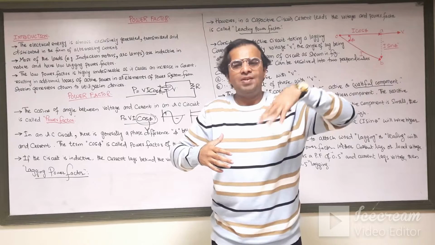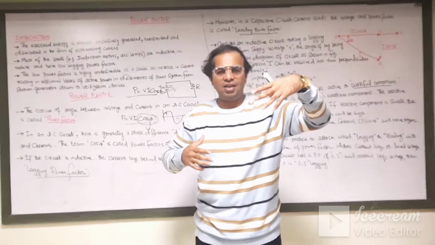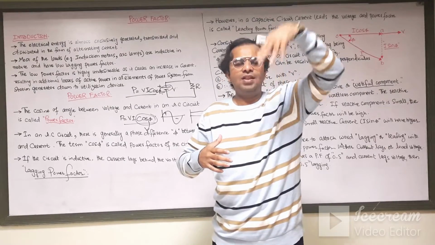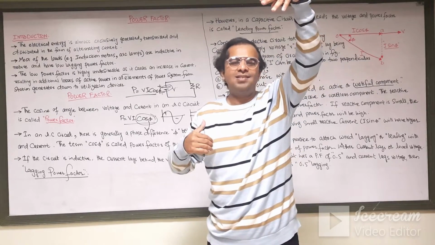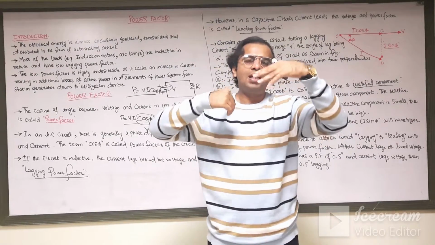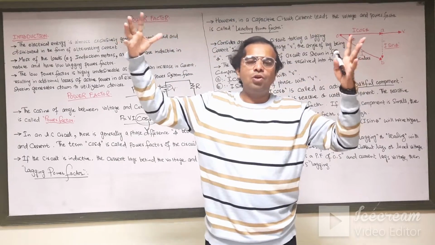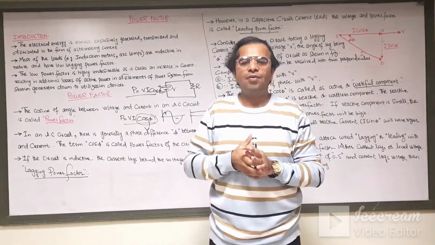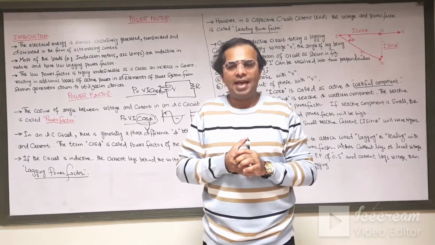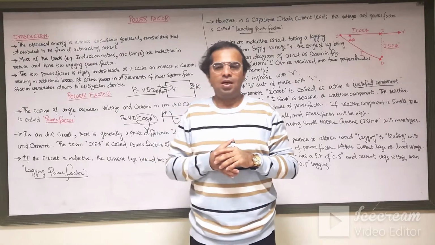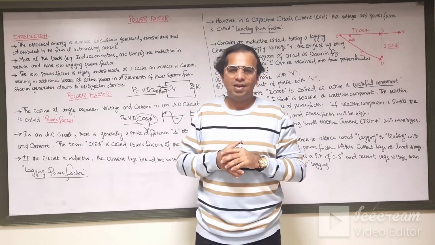The capacitor banks or other power factor correction devices connected in parallel at the point of common coupling supply the leading kVARs, leading capacitive reactive power, to neutralize the effects of the lagging power, hence the power factor of the system can be improved. We will discuss the power factor correction equipment or components in our next lectures.